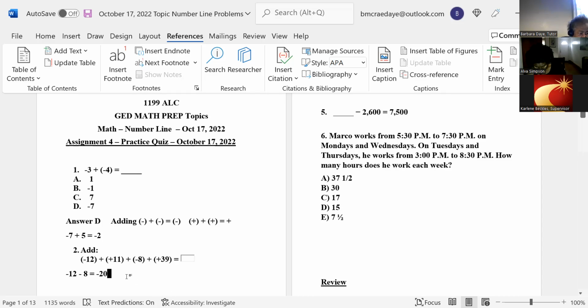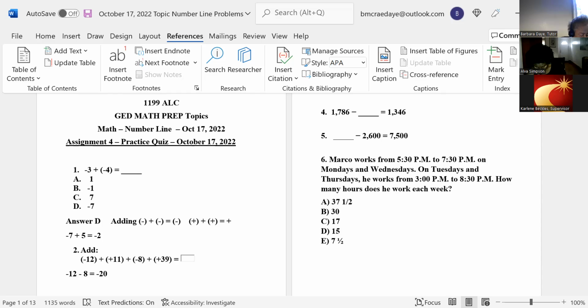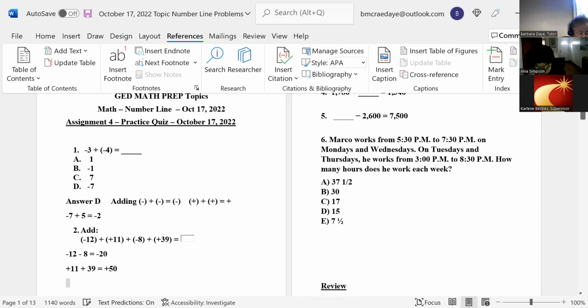Then the positive, you said you took the 11 plus 11 plus the 39, and you got the 50, plus 50. Yes. Now add those two together, Alva. You mean the -20 and the plus 50.